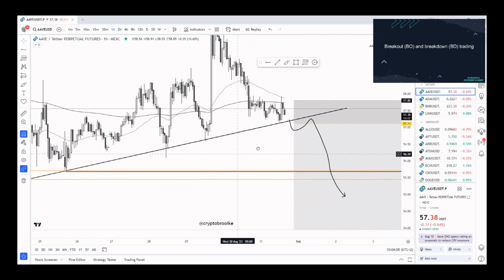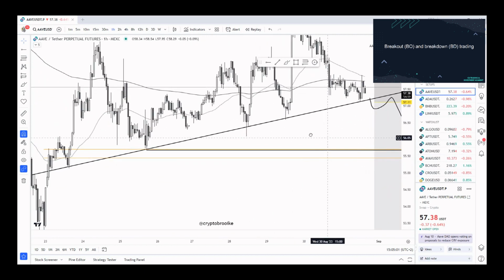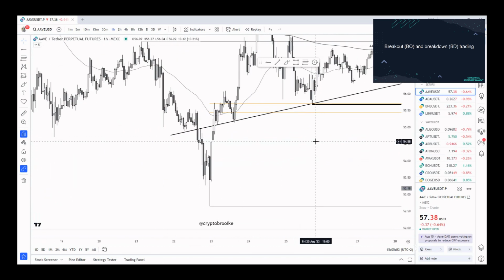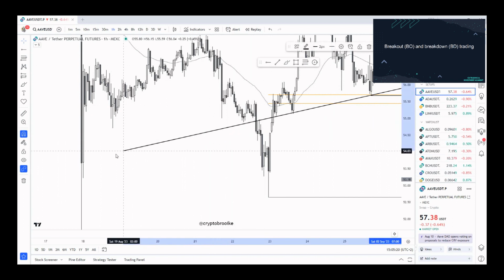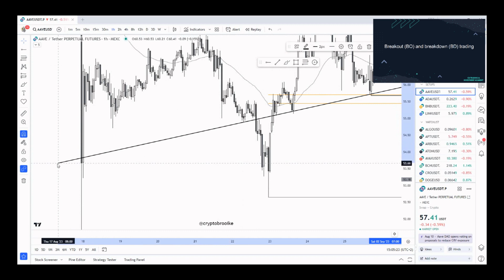So what you want to see is, let's see if I can find a quick example. Well, this is a quick example. At that point, the trend line wasn't there, but just for education purposes, if this trend line did exist and went further and came from here, I would be looking at this as an area of interest to see if there was a breakdown.